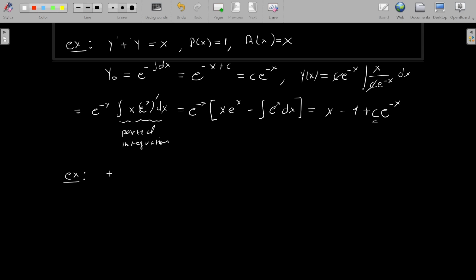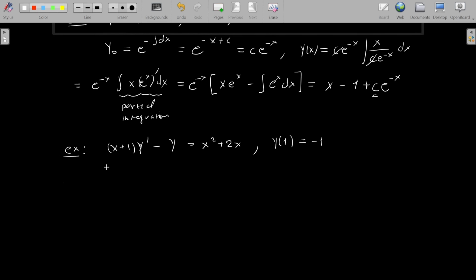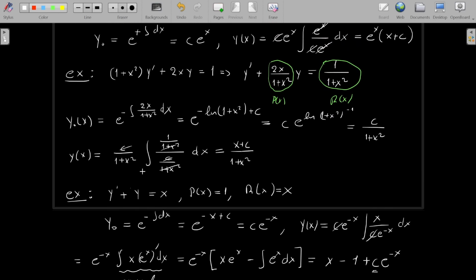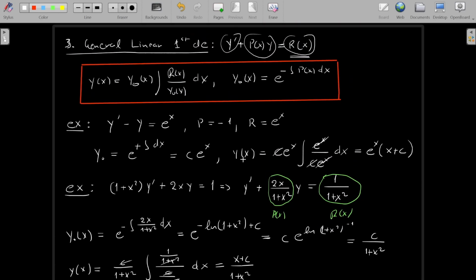So let's say we have an example where (x plus 1) y prime minus y is equal to x squared plus 2x, with initial condition that y of 1 is equal to minus 1. Now, again, divide by x plus 1 to get it in the form that we want, which is this.